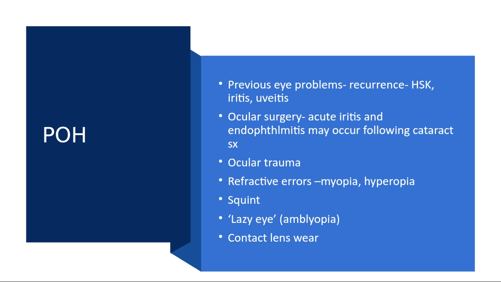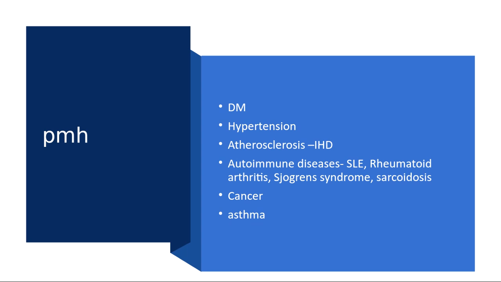So when you're asking about refractive errors, you will say to the patient, do you wear glasses? What do you wear glasses for? Do you wear glasses to see in the distance, or do you wear glasses to see things close up? So the history is very specific to the eye, as opposed to the past medical history, which is general, which is the sort of questions you would ask in any history.